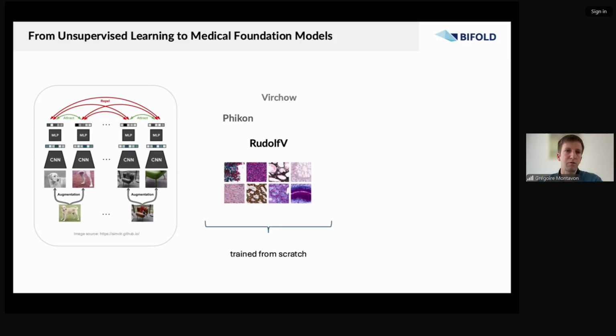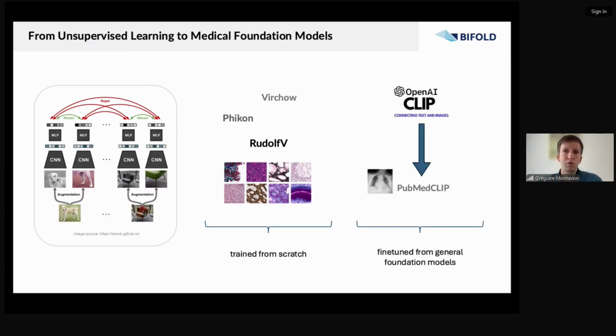And these things can be trained from scratch if you have enough data, so just a large amount of histopathological images. But there is also another competing approach, which consists of deriving foundation models from more generalist foundation models.